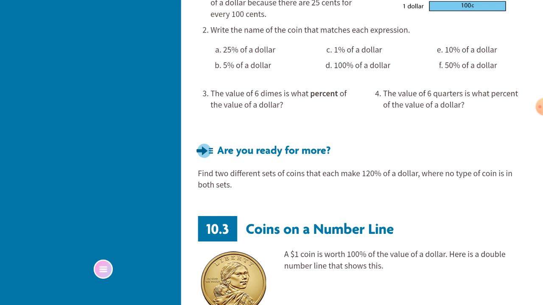Again, if you get number 2 done, go on and try 3 and 4.